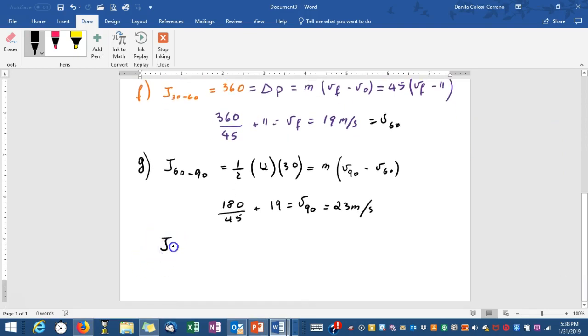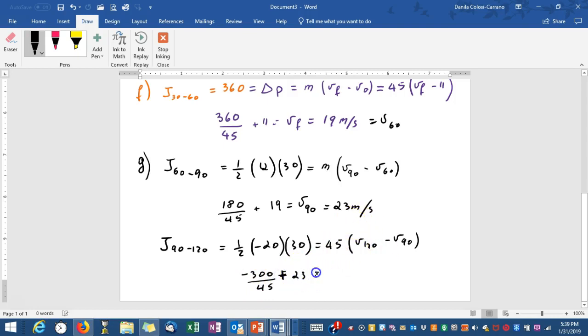So J between 90 and 120 is 1/2 times negative 20 times 30, equal to the mass times V final, which is the one that we want, minus the V at 90, which is 23. So minus 300 over 45 plus 23 equals the V at 120.